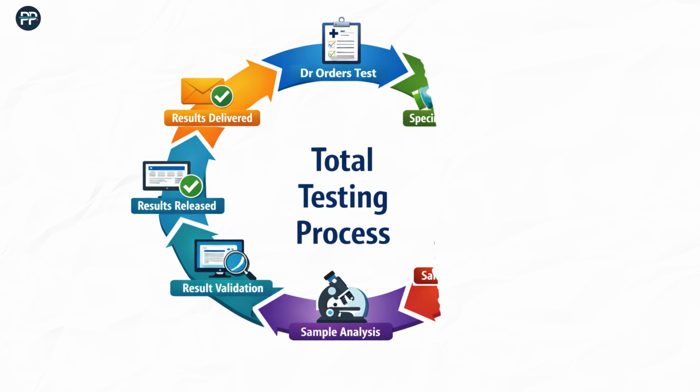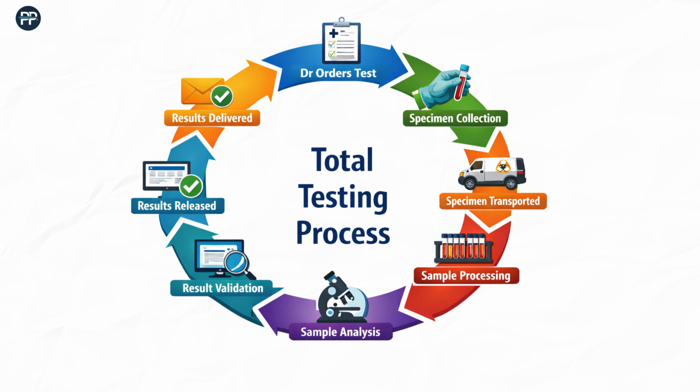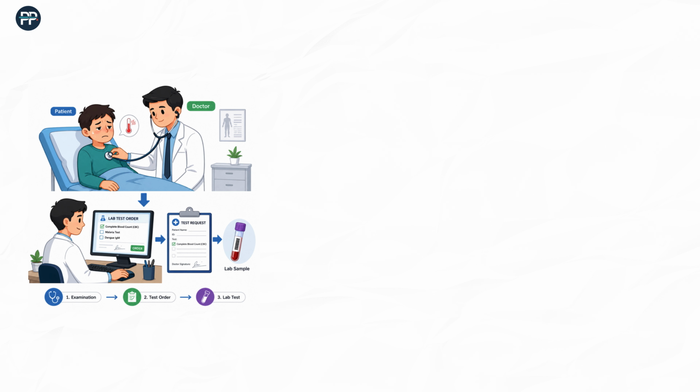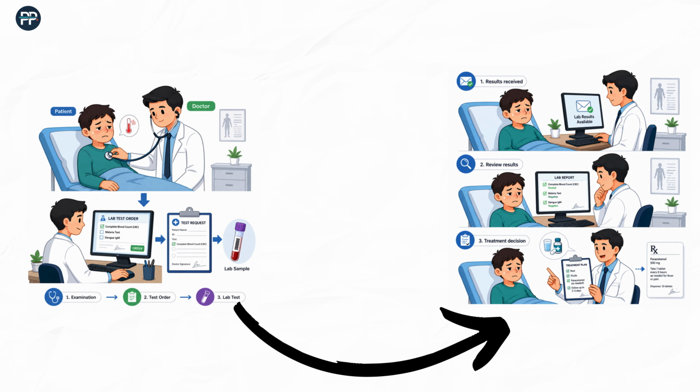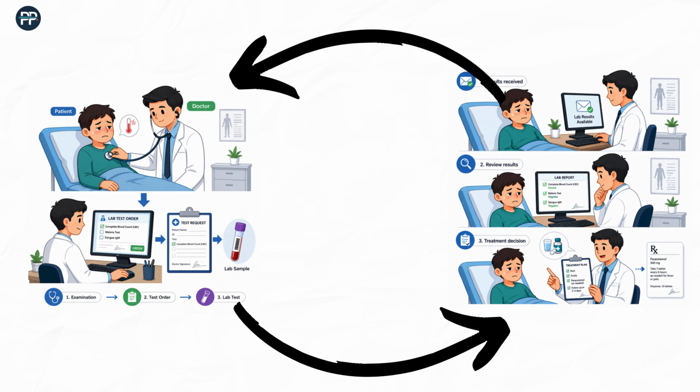The total testing process is the complete pathway of a result. It begins before the sample even reaches the laboratory, at the moment a clinician recognizes a clinical question and decides that a laboratory test may help answer it.